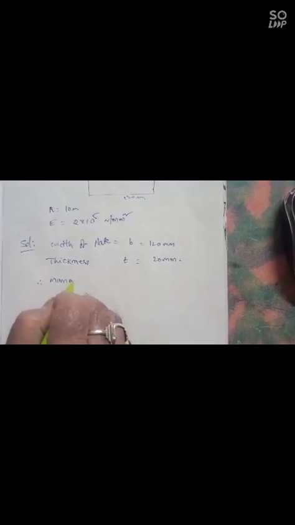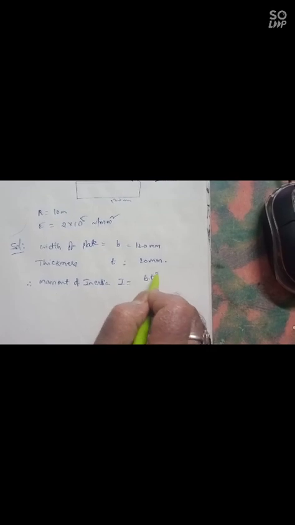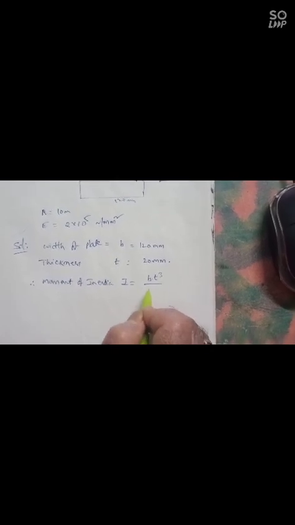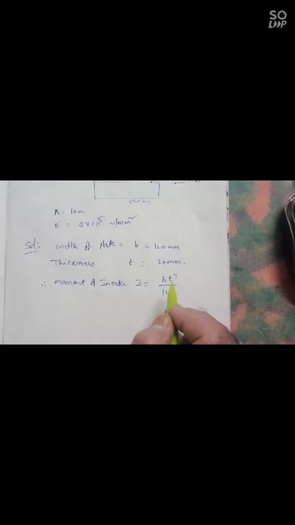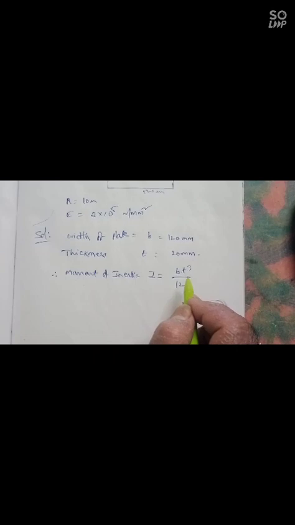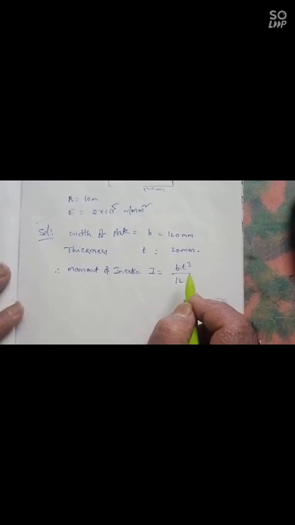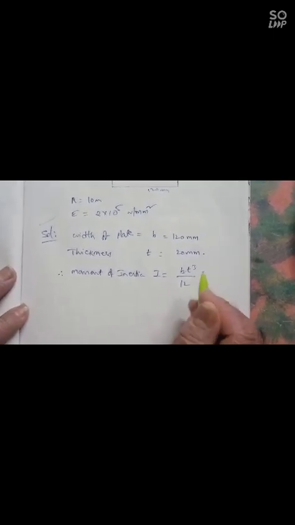Then the moment of inertia I equal to B T cube by 12. Moment of inertia is B D cube by 12, but here instead of depth they have given thickness, that is T. So written as B T cube by 12.